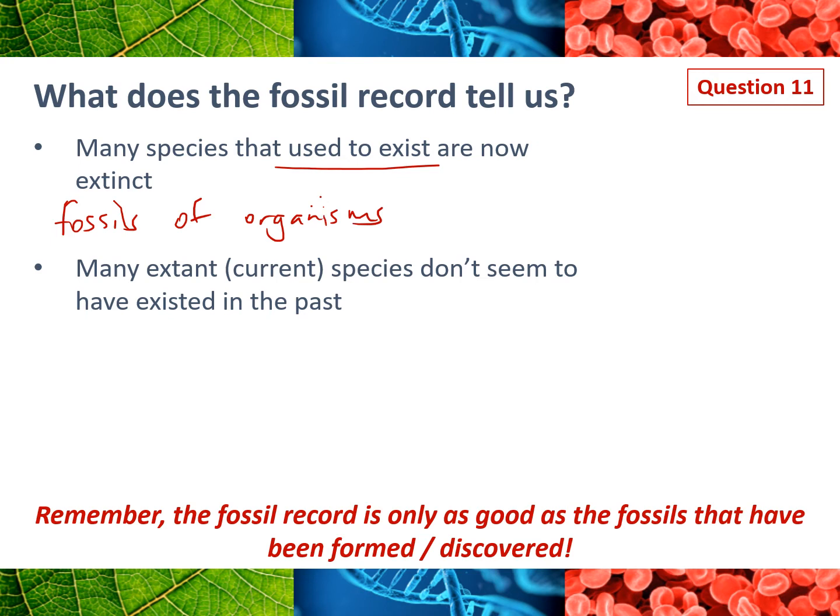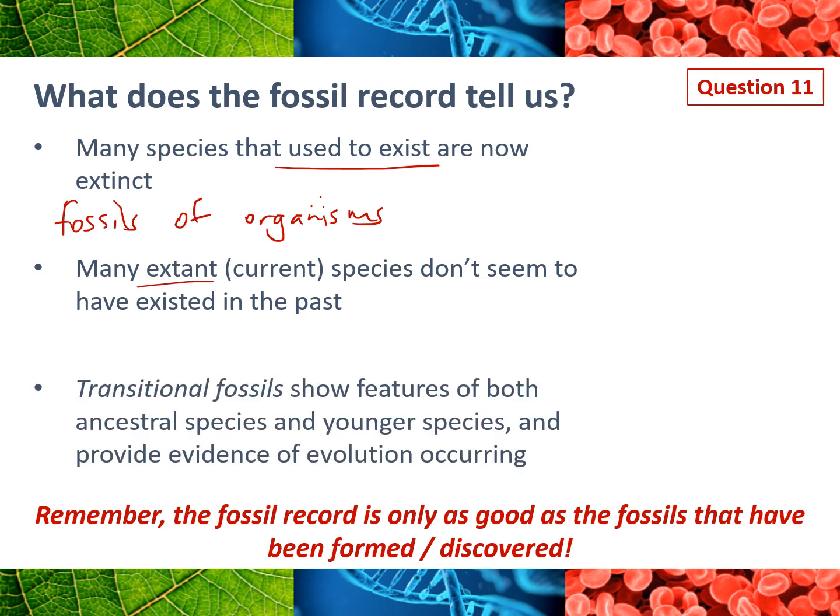Okay, another key thing, which is almost the opposite of that, is that many extant species don't seem to have existed in the past. Extinct are things that have died out, extant are currently living species, for example humans. The reason we know that is that the fossils only go up to a certain date, to a certain time.